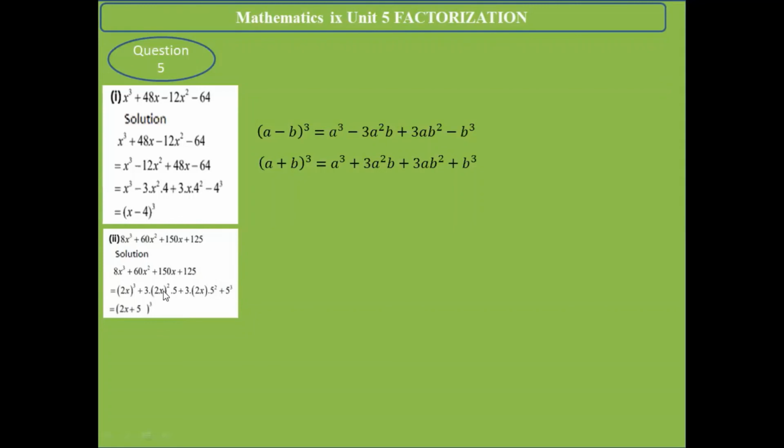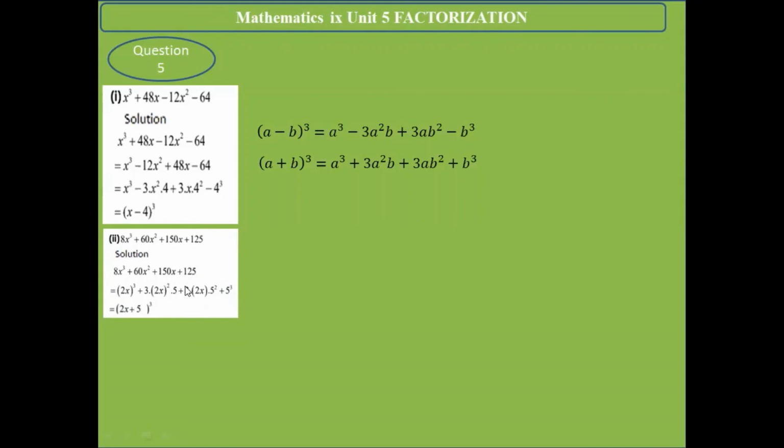So look here, is this equal to 60x square? This is 4x square. When we multiply 4x square with 3, we have 12x square. When we multiply 12x square with 5, we have 60x square. So this is correct.